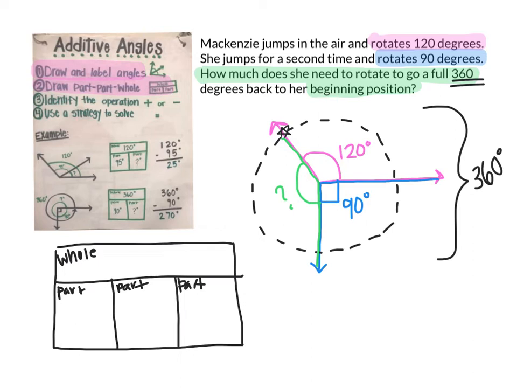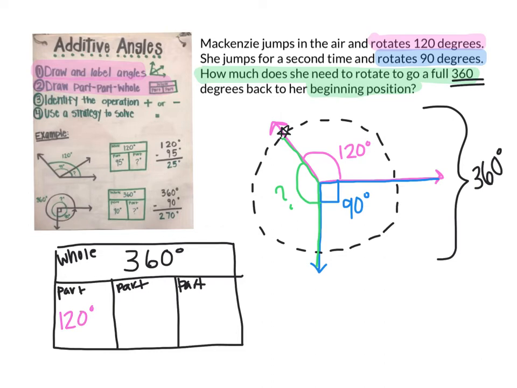So first up, let's label what we know. Well, we know our full circle or our whole rotation is equal to 360 degrees. So let's plug that in. We know that our first part or our first rotation is 120 degrees.